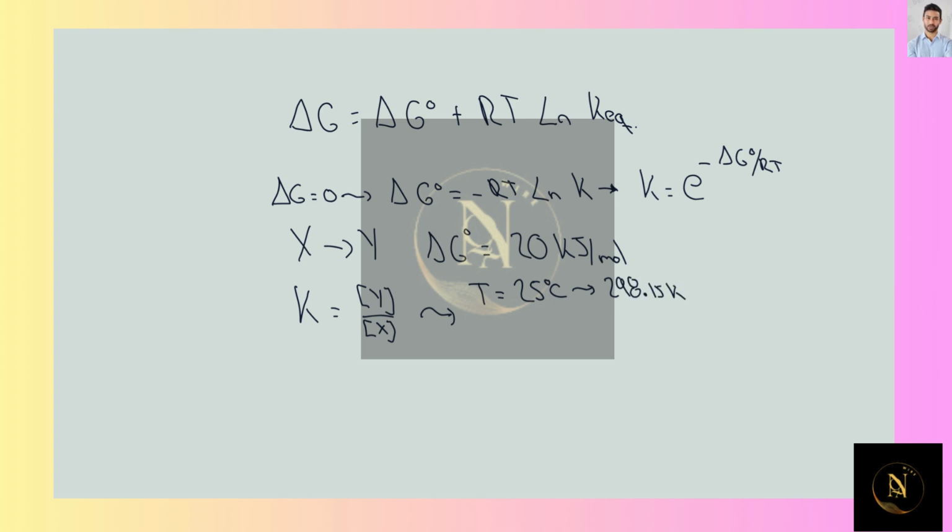And remember that the gas constant R is equal to 8.314 joules per mole Kelvin.